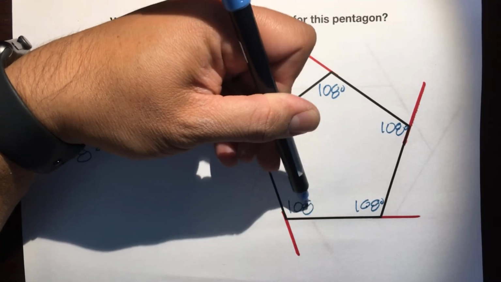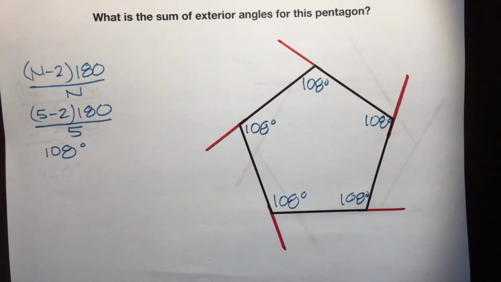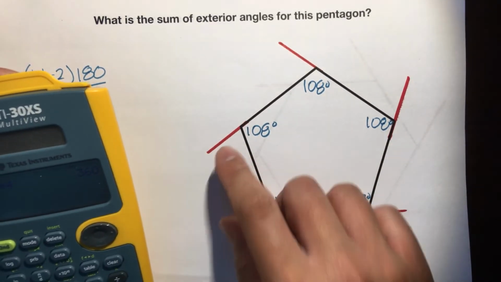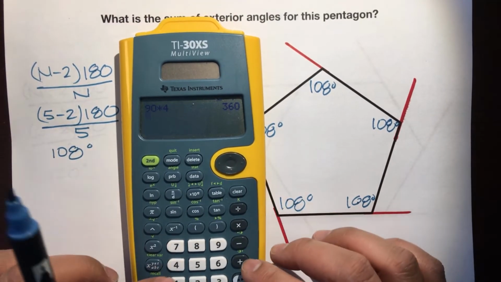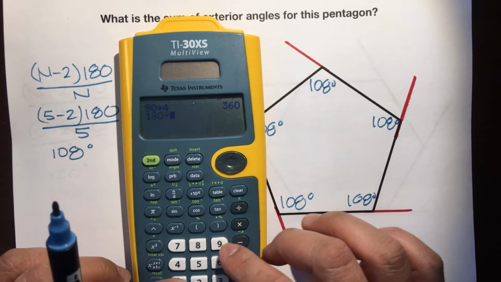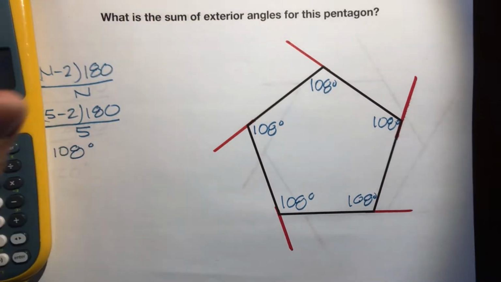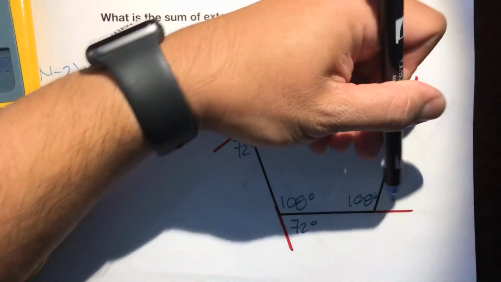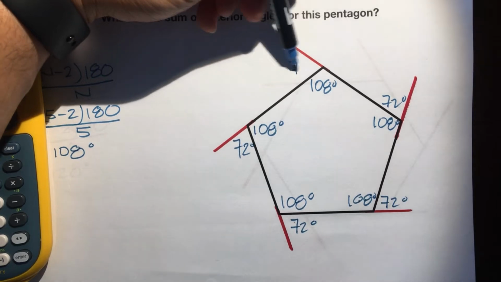But let's just label all these angles 108 degrees. And we're going to do the same thing. Because these angles are supplementary, I'm going to figure out what each of these exterior angles is by taking 180 and subtracting 108, and it's 72 degrees. So this angle has to be 72 degrees, 72, 72, 72, 72.